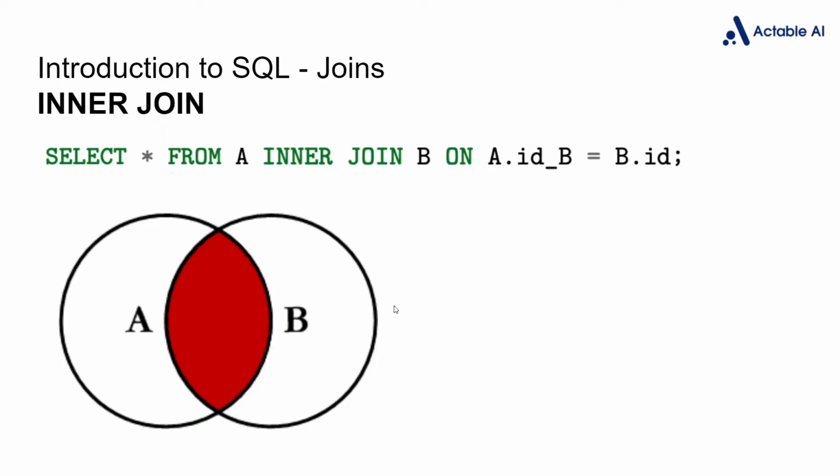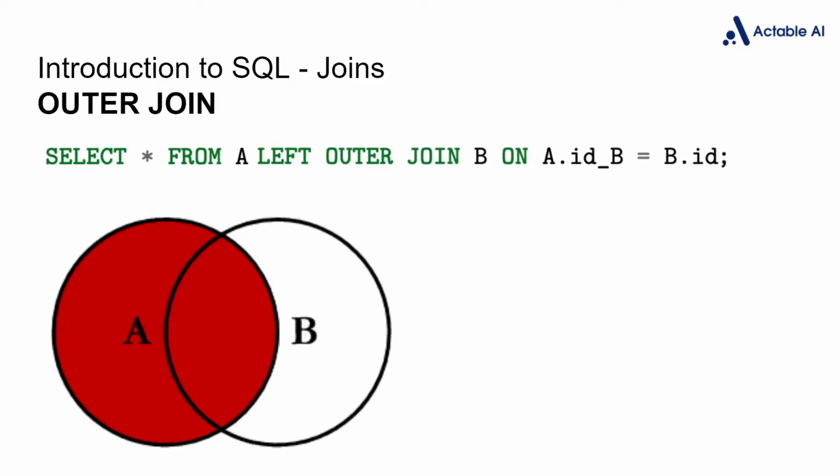And if we look at the schema, the diagram just below, we can represent the tables A and B as just circles, and we will just select the intersection in the middle where the IDs are equal. We'll see examples just after, but first let's continue. We also have the left outer join right here.